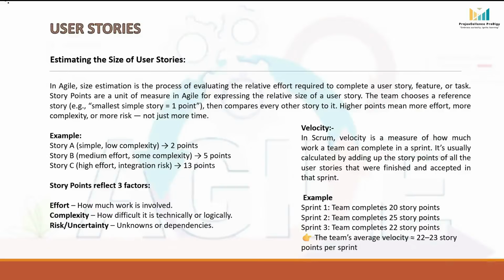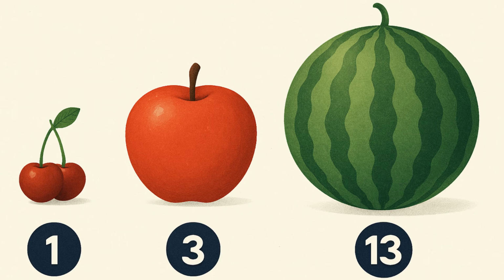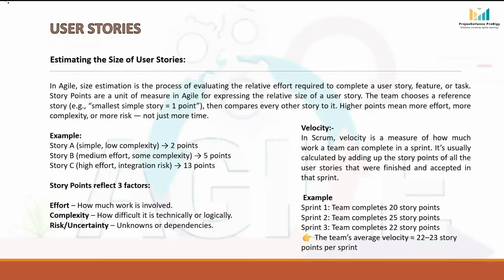Suppose a cherry is your smallest fruit and you give that 1 point, then maybe an apple feels about 3 points and a watermelon could be 13 points. The actual size doesn't matter in hours. What matters is how much bigger, harder, or riskier one is compared to the other.